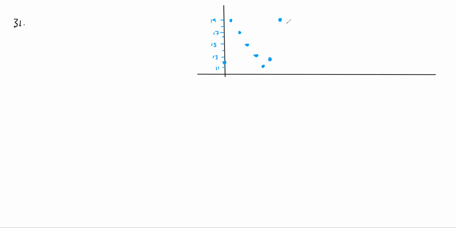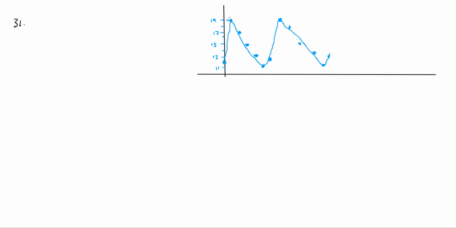I'm just going to crawl back down. Okay, so we have something that kind of looks like this. But the point is, we're going to represent it using a sine wave.